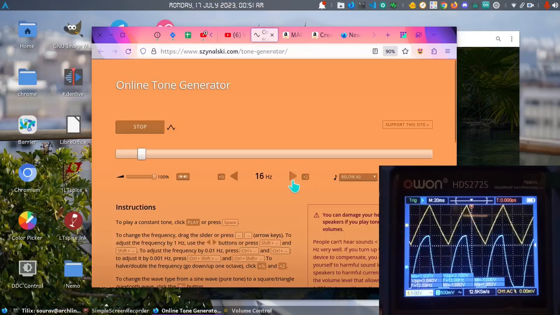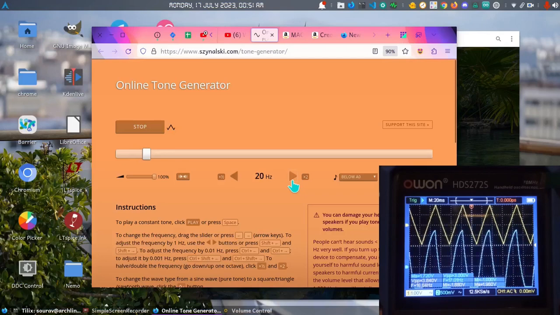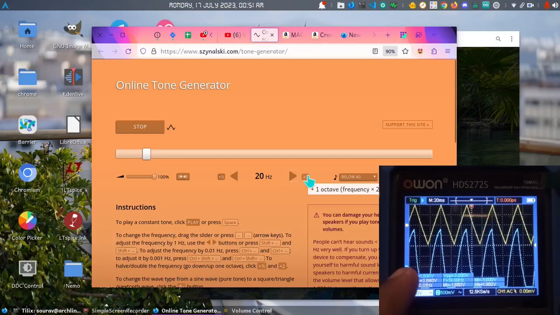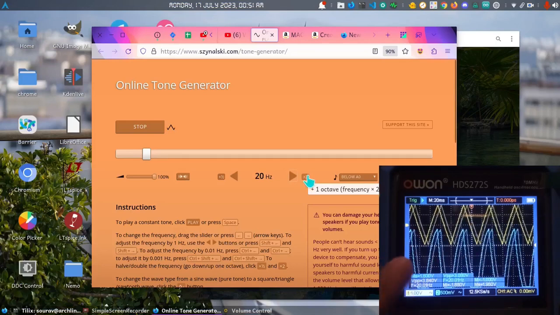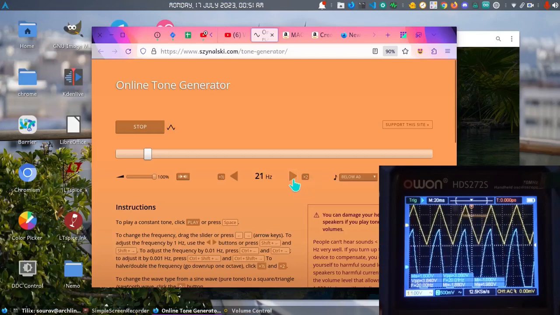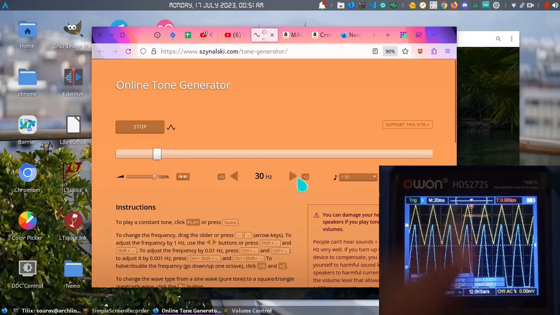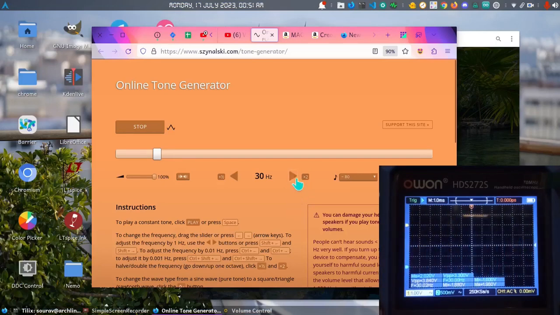But if we keep going up at 20 hertz, you can see that the Soundblaster is going from rounding of edges to getting to a straight point where it is generating the triangle wave better. But at let's say something like 30 hertz, we are kind of getting there for a perfect triangle wave.